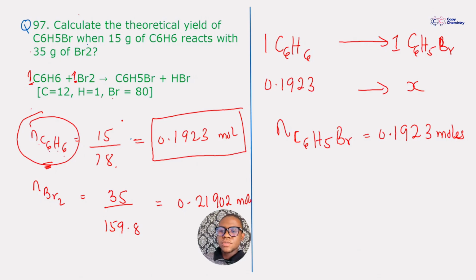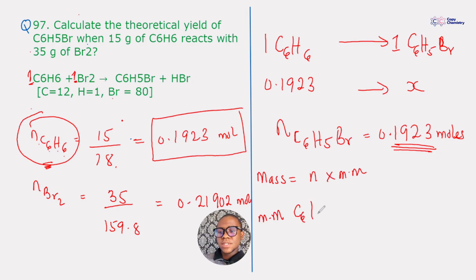The theoretical yield, it would be good to leave your answer in the mass format. So let's get the mass. The mass of bromobenzene would be number of moles multiplied by molar mass. That is this number of moles here multiplied by the molar mass of bromobenzene, okay? Now, what is the molar mass of bromobenzene? Let's quickly get that.